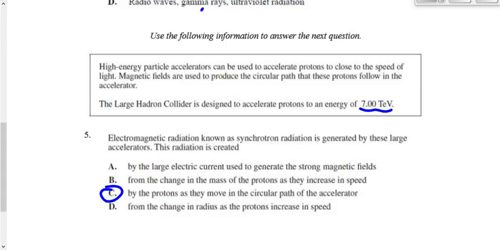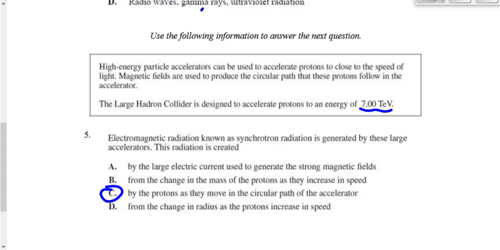How is that accelerating charges? The protons as they move in a circular path of the accelerator. Maybe that option just says, by the protons as they move in the circular path. Yeah, but it says accelerator. Yeah, but maybe the next time it doesn't say that.